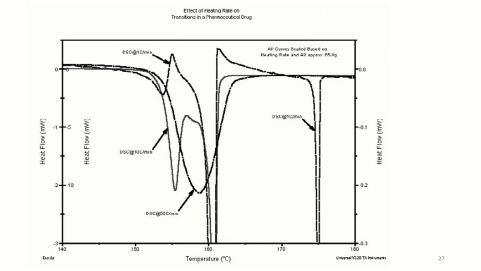So from this picture, it is quite obvious that even at high heating rates, only a single melting peak is observed, which means that there is only one polymorphic form in the original sample.